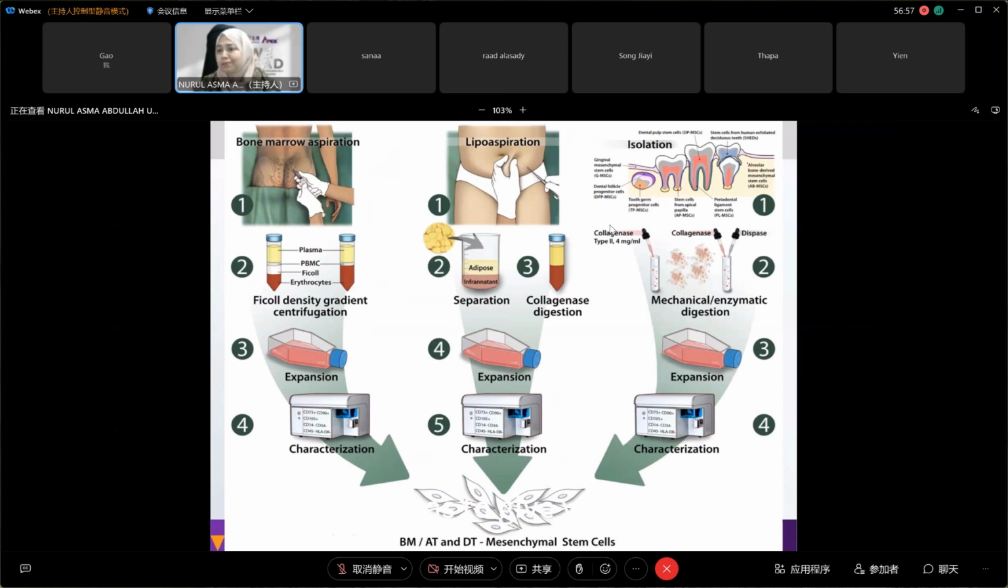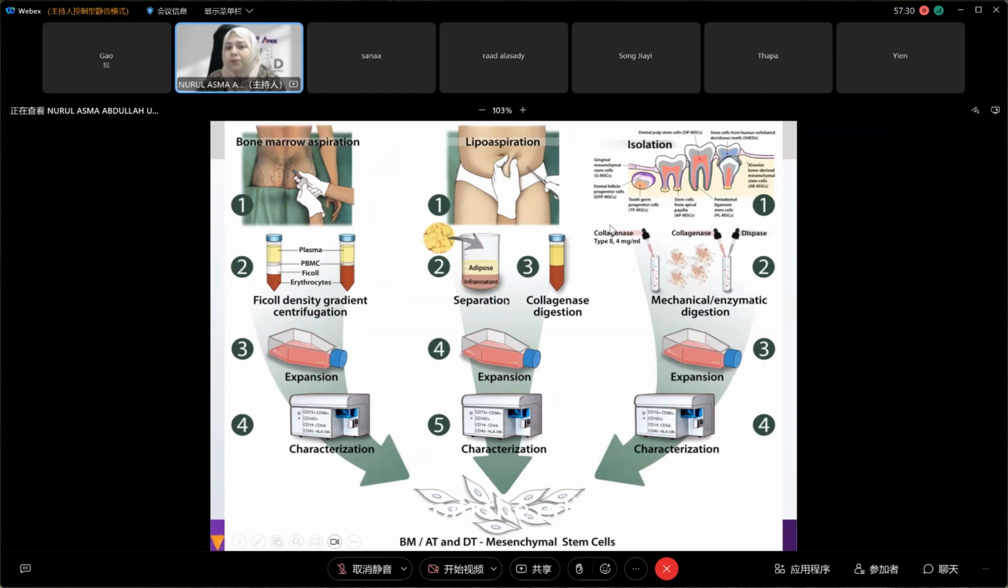So the donor has to give you the consent to allow you to collect even their waste, like in the liposuction procedure. So when they aspirated the fatty cells, the adipose cells, even though it is a waste from the procedure, still you need to get the patient consent.